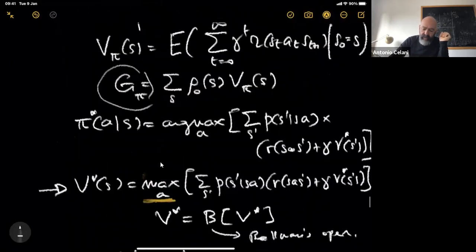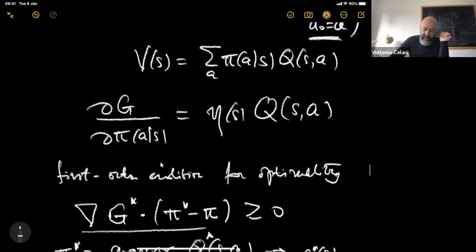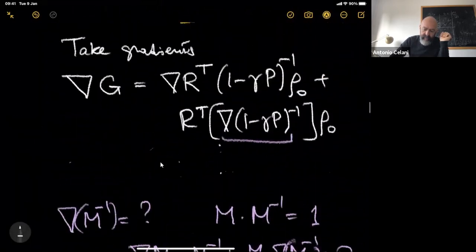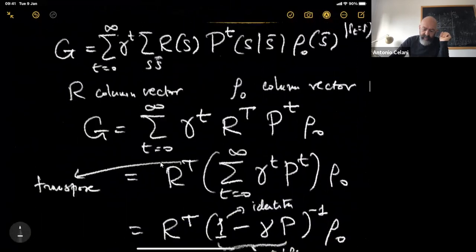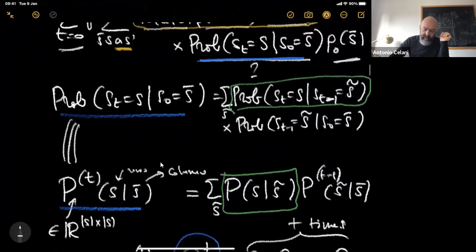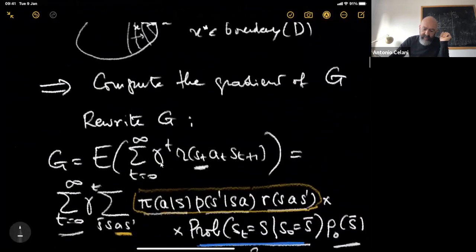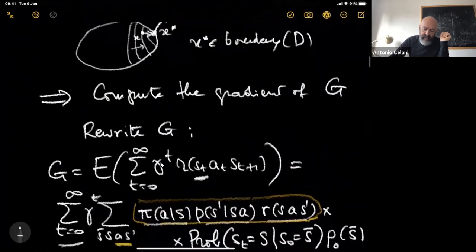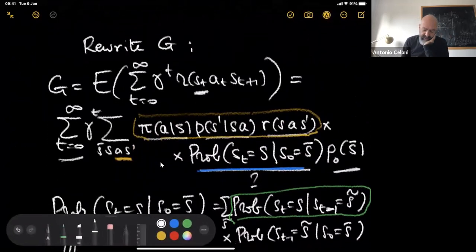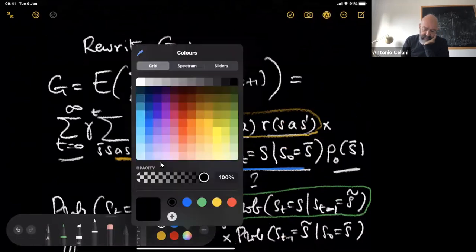First step. The first step is to rewrite G in a proper form. I will comment on the same material as last time, and I will add my comments in pink.